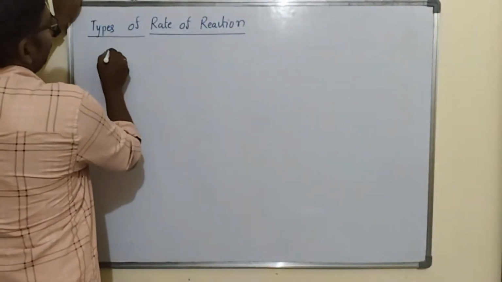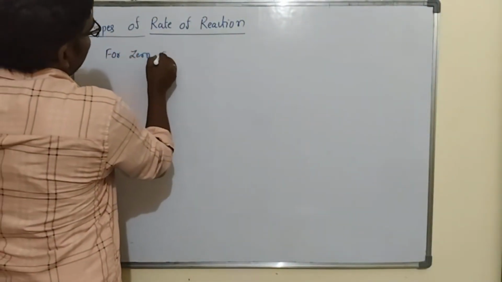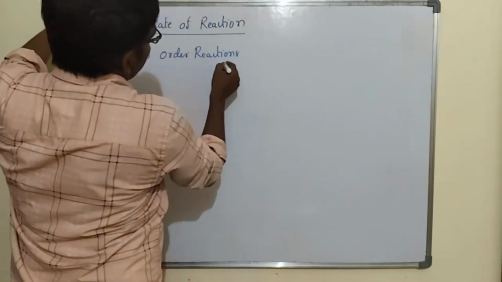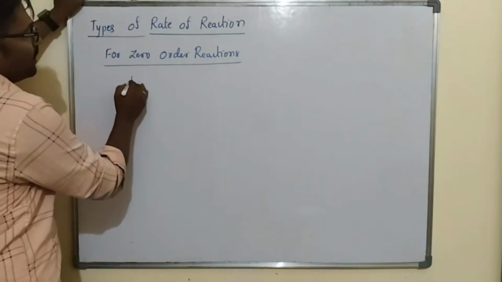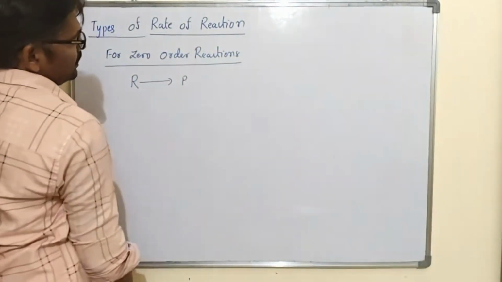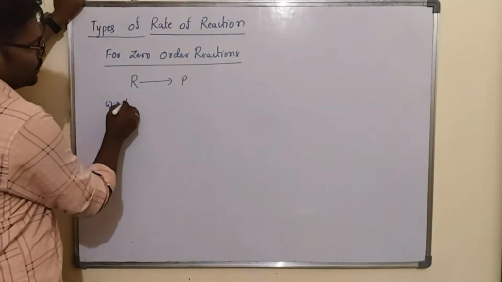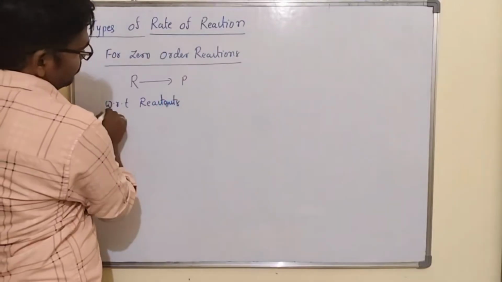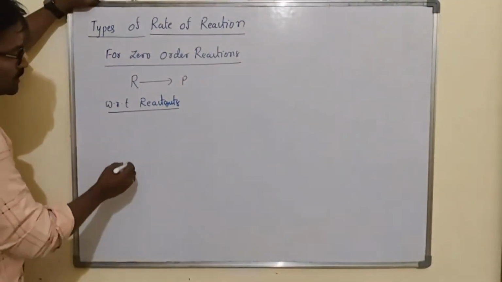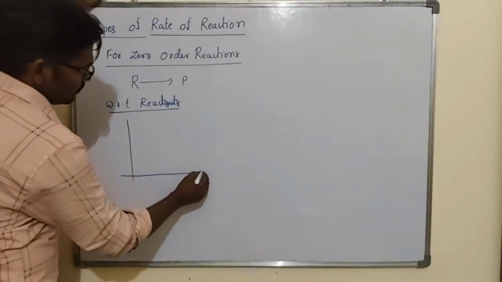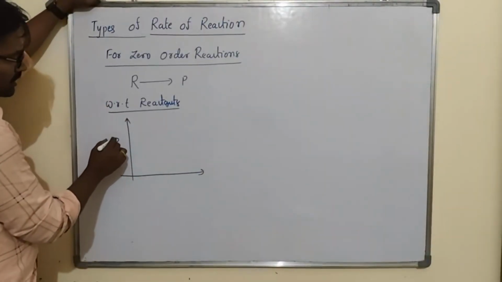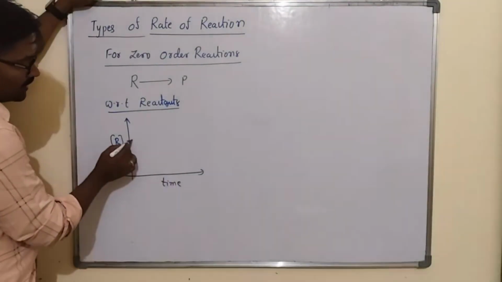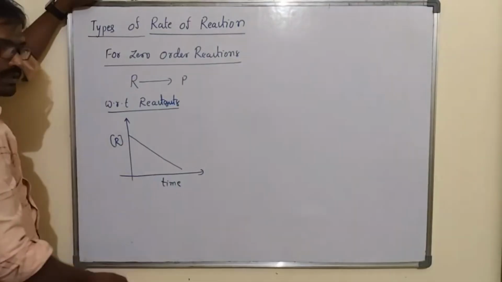Look at, for zero order reactions, consider a reactant being converted into product. With respect to reactants, if you take reactant concentration versus time, then it's a decrease in the concentration of reactant like this.